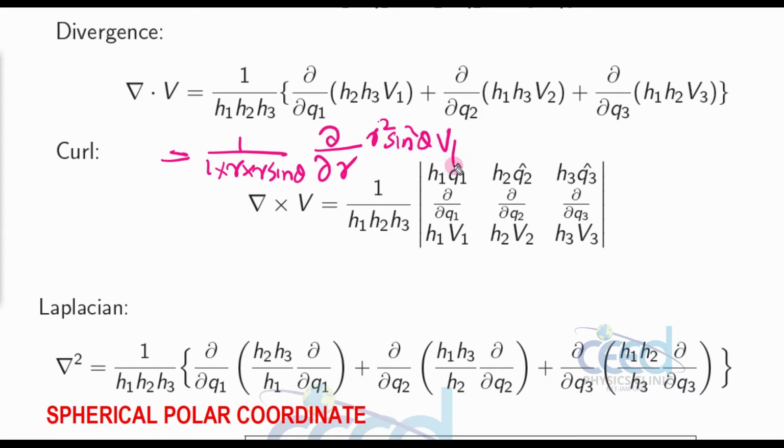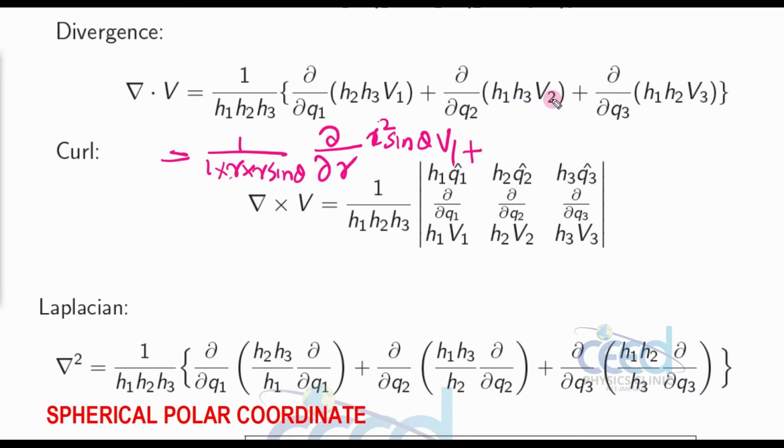So this sin theta we have, h2, h3 is not sin square theta, it is r square sin theta. So I can keep this r square here, and this sin theta and sin theta I can cancel.